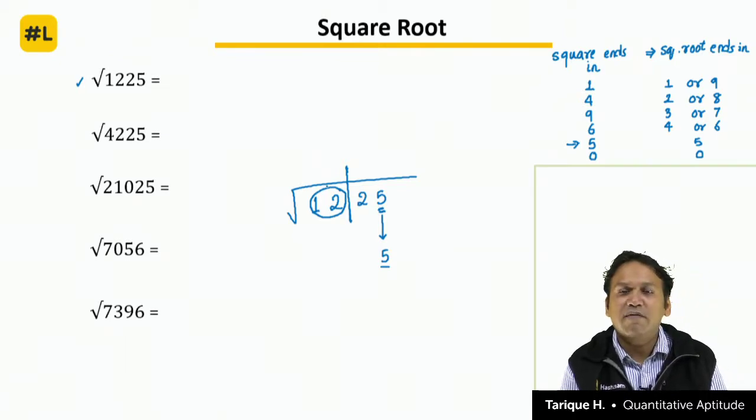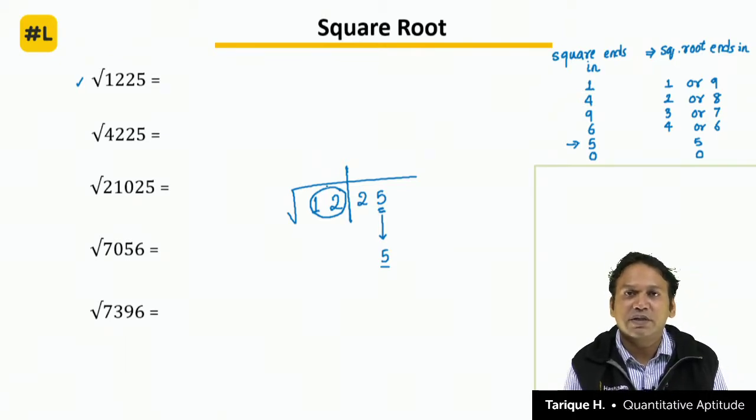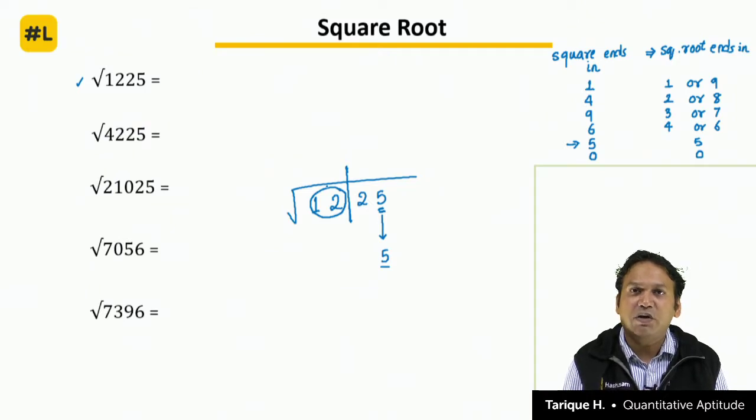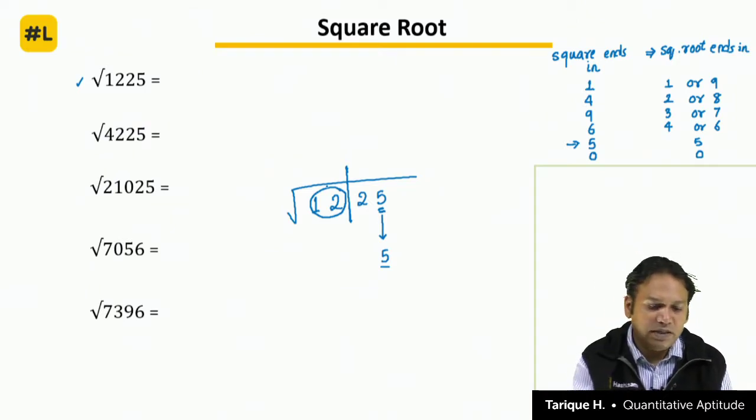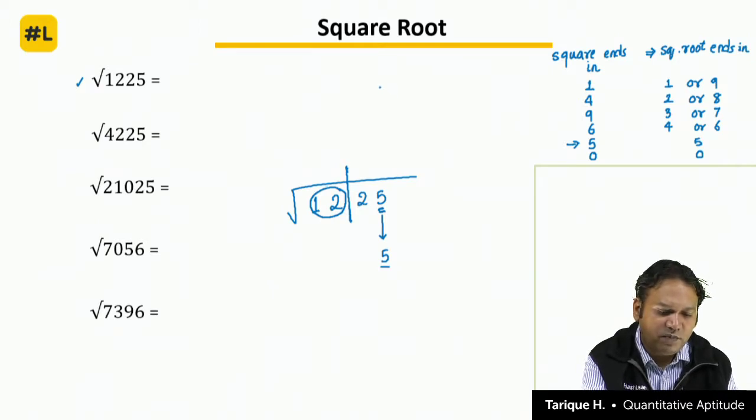You see, is 12 a perfect square? Now if I ask you this question, is 12 a perfect square? The answer will be no. Now if 12 is not a perfect square, it is between which two squares? Now if you just know the squares from 1 to 9, you can say that 12 is between 3 square 9 and 4 square 16.